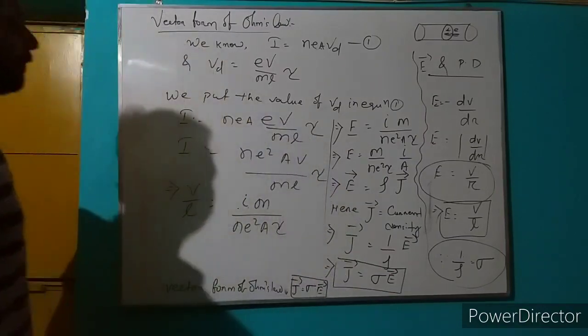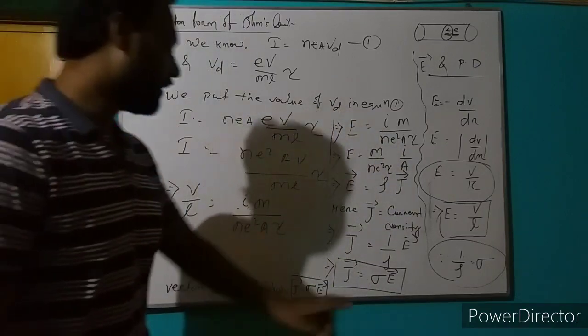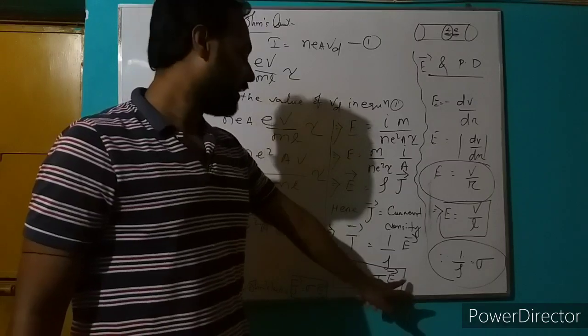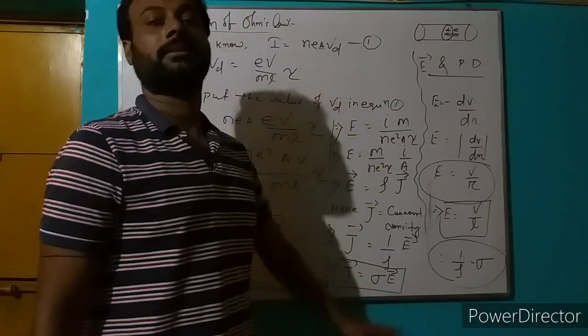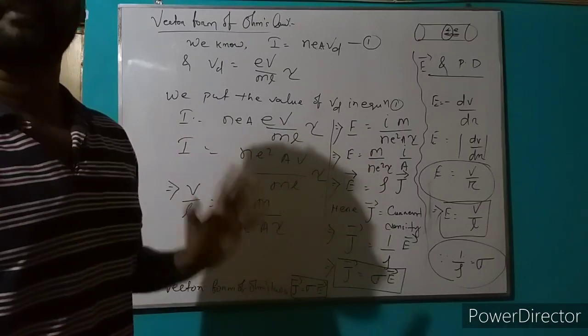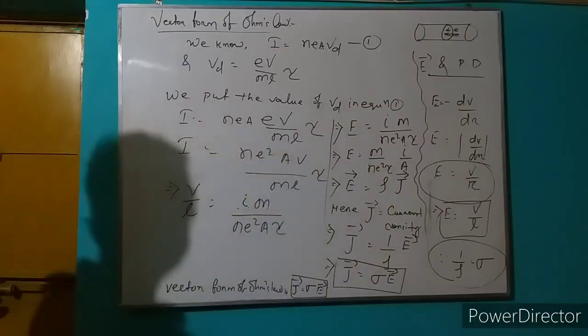This is the vector form of Ohm's law: J equal to sigma E, where J is the current density of the material, sigma is the conductivity of the material, and E is the electric field applied externally due to the potential difference across the two ends of the conductor. Please note it.